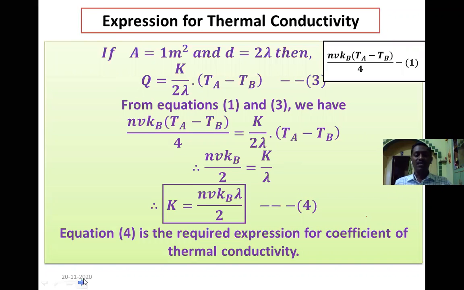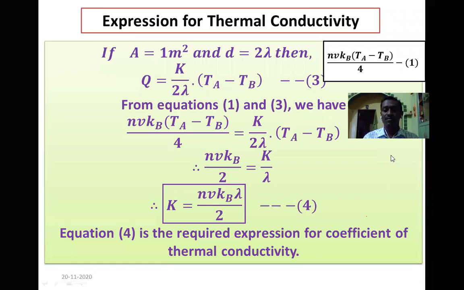Here we can say that the coefficient of thermal conductivity, or the ability of a conductor to permit heat through it per second, depends upon n, that is the number of electrons per unit volume contained in a conductor. If for a particular case the number of electrons is more, then its ability to allow the heat is also more.